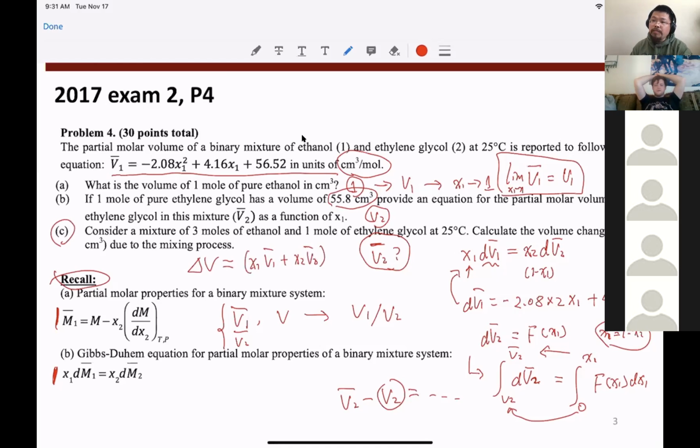This is the mixture volume minus x1 V1 plus x2 V2. Right? So this is how we are going to calculate the mixing. So that is the second problem I want to quickly review.